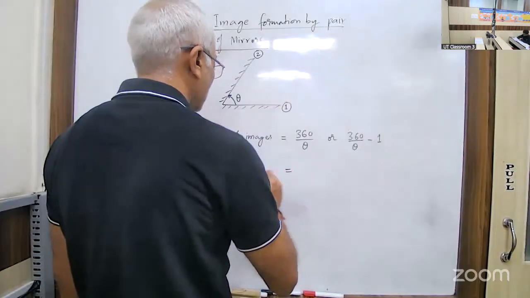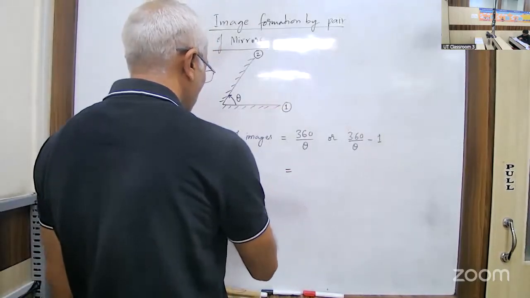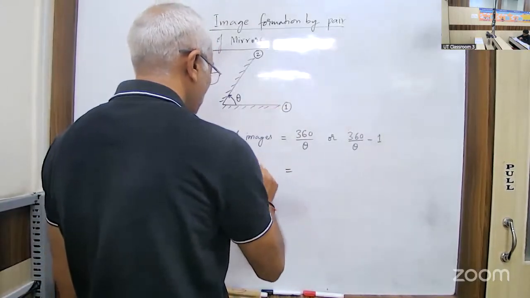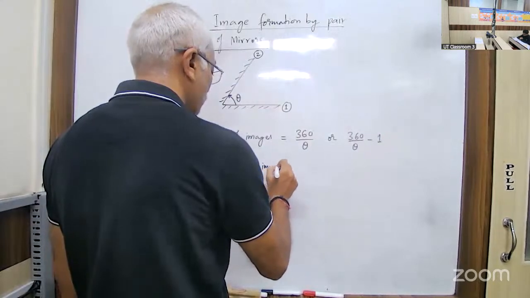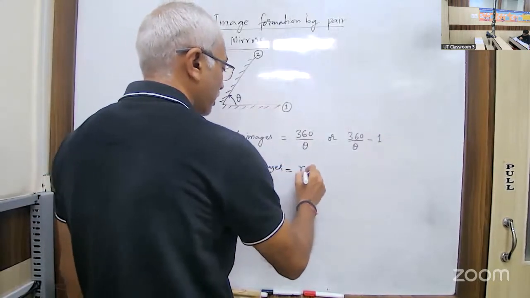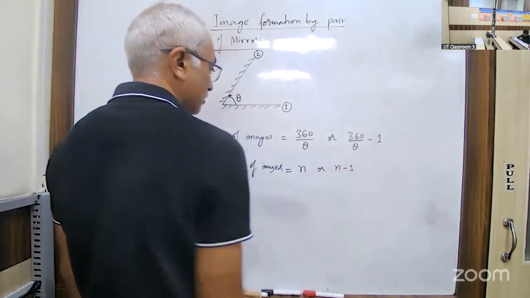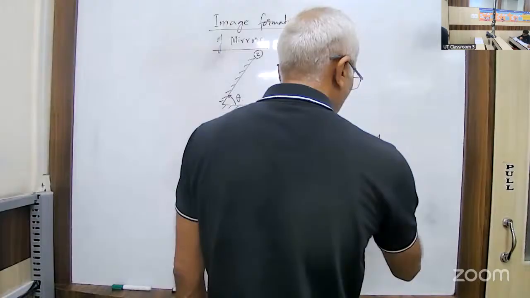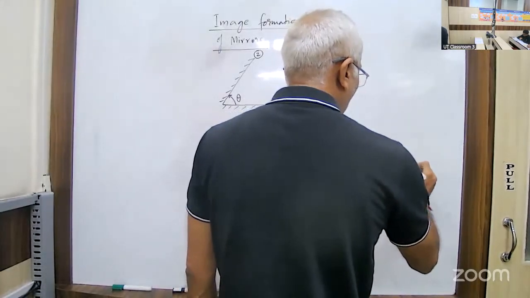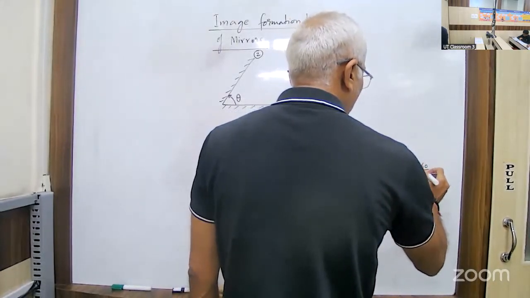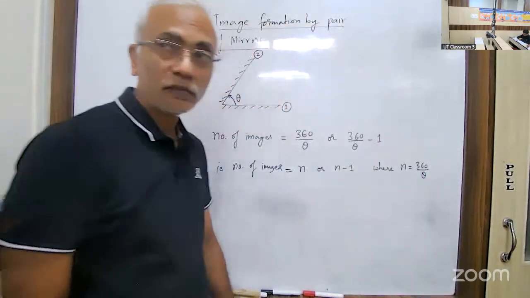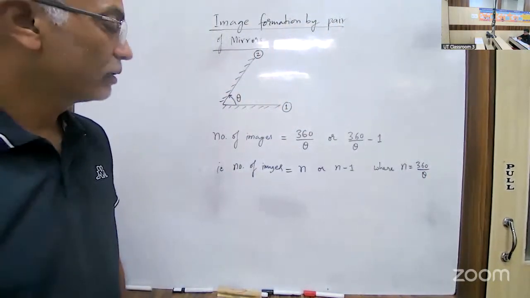So there is number of images equal to n or n minus 1. And then n equal to 360 by theta. ठीक है.